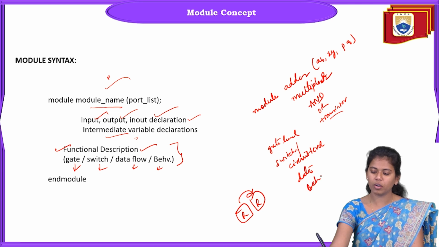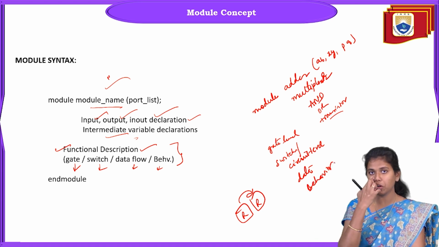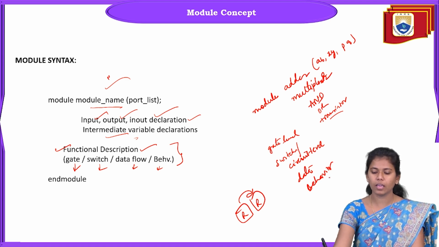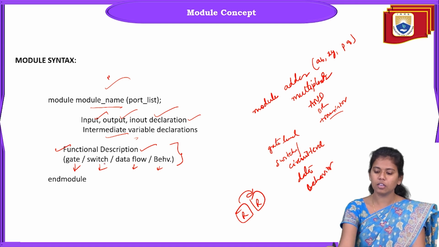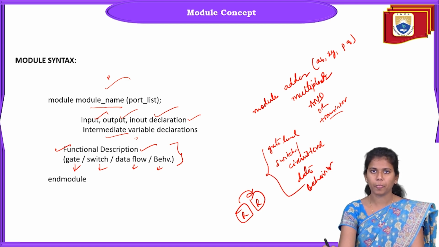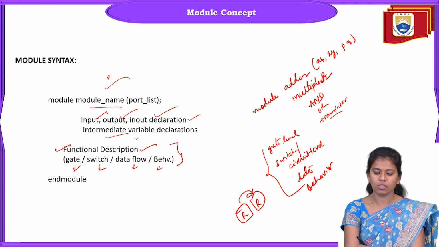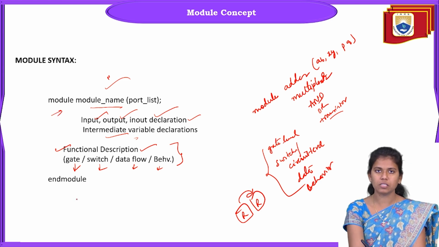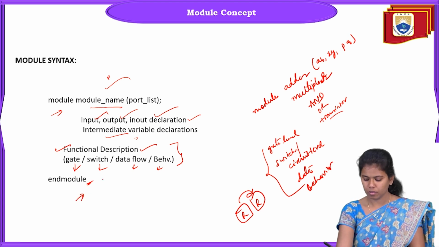And the behavior model is one of the important levels, where we have discussed many things. Okay, so these are the functional descriptions you have to mention in the syntax. And as we have started with the module name, we must end with the endmodule.